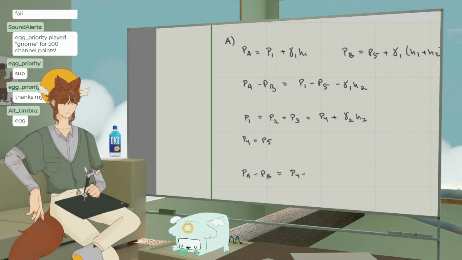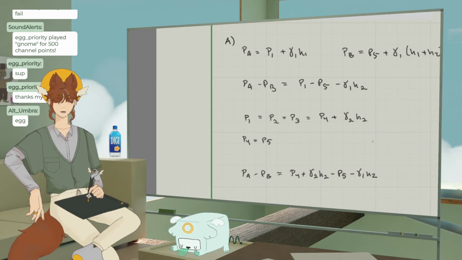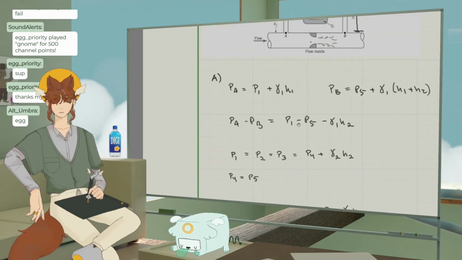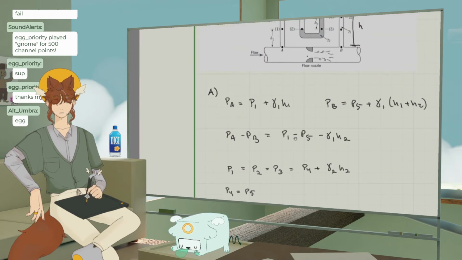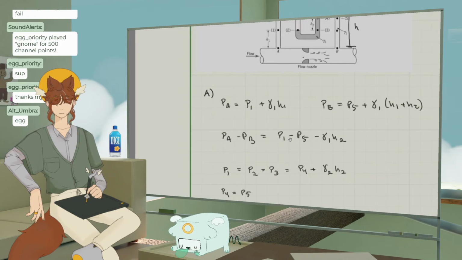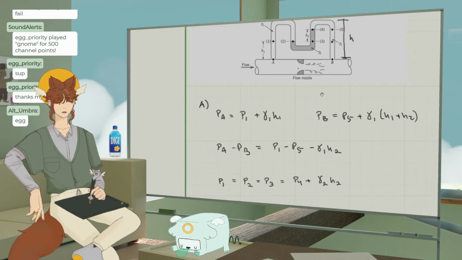Sorry, P4. I'm going to substitute one thing in at a time. Minus P5 minus rho 1 H2. Wait, but it's still H2. Where's H1 in this? Wait, did I say PA? Yeah, there's no H1.